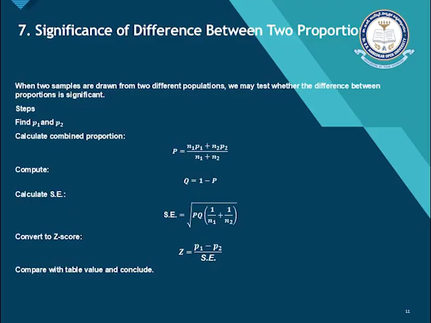and calculate the combined proportion with this formula. The formula for the combined proportion is P is equal to N1 times P1 plus N2 times P2 divided by N1 plus N2, and Q is 1 minus the combined P. The standard error formula is the square root of PQ times 1 by N1 plus 1 by N2.